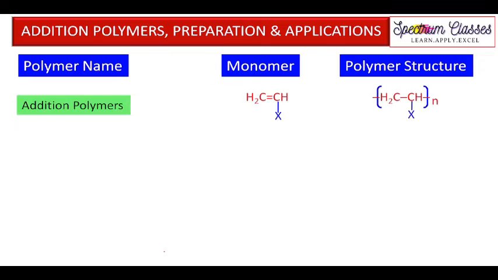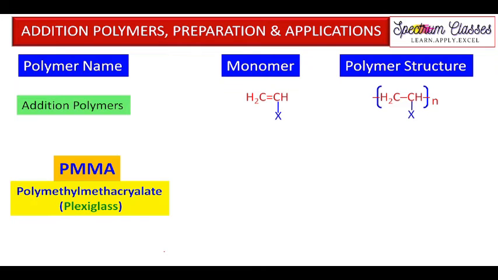Now coming to our next polymer, polymethyl methacrylate. This polymethyl methacrylate is also known as plexiglass, right? And here n times of, this X will be replaced with C double bond O then O, right? In the previous case this was here and this was here, but here the positions are different.